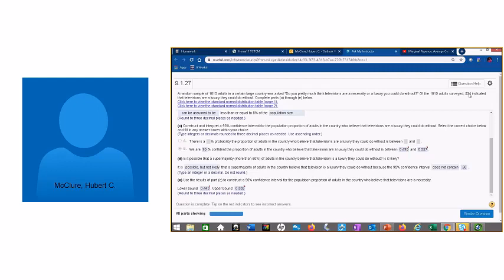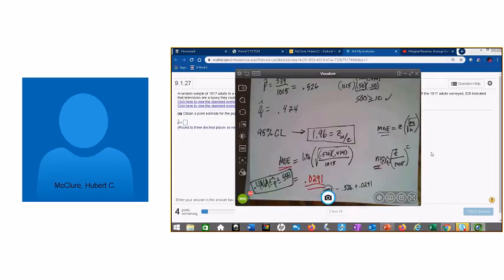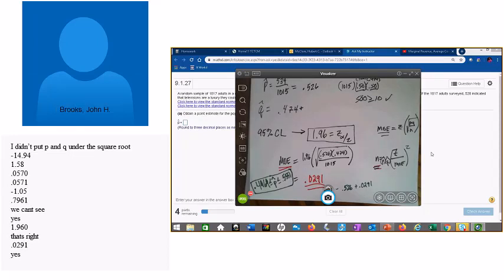So that would be Q hat. Q hat is 0.474. Okay, so take 0.474 and add, did you say 0.03? Did you say it was 0.03, Mr. Brooks? Yeah, I think it was 0.03. 0.03 even, or 0.03 with some change?